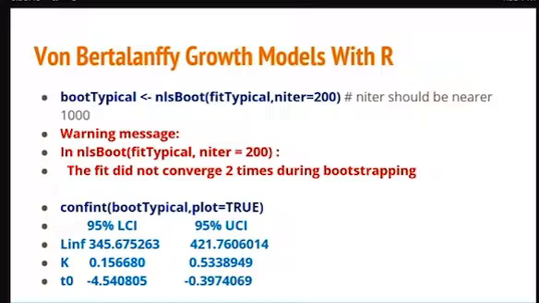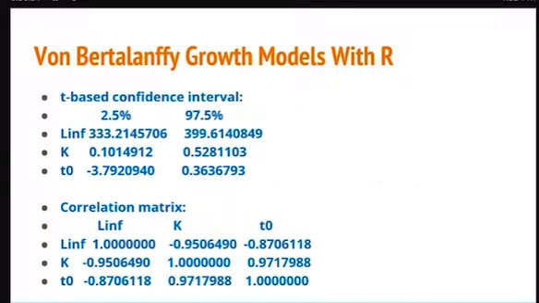So what do I expect the bootstrapping to do for me? Because of the high correlation here, there's going to be a wider range of the interval for each of these parameters.